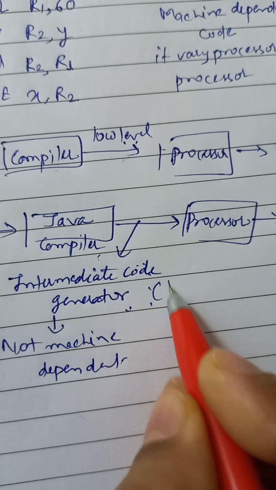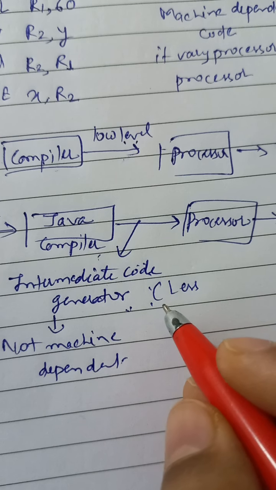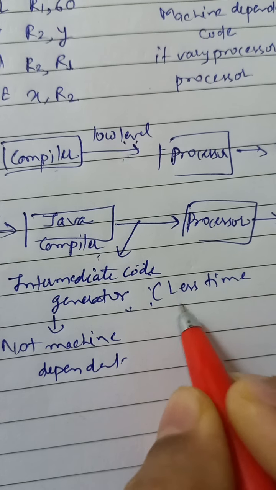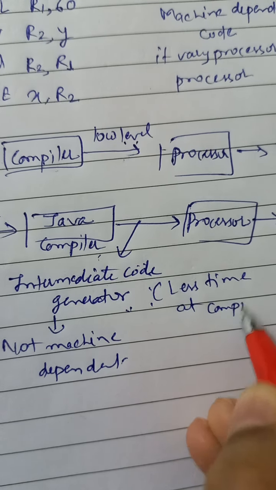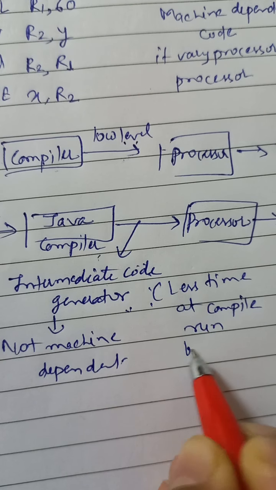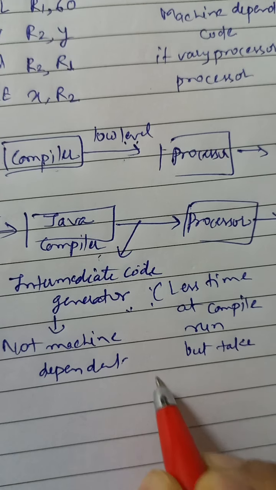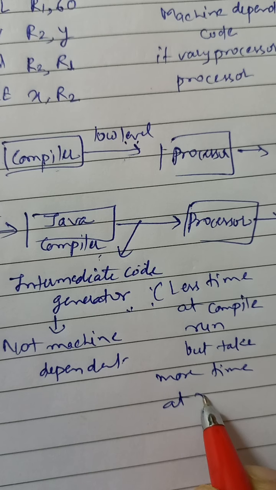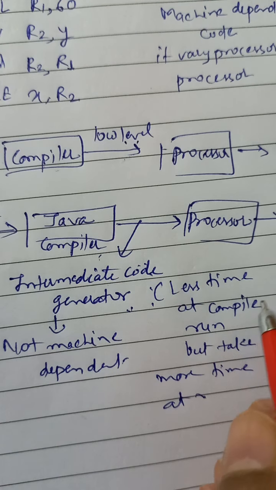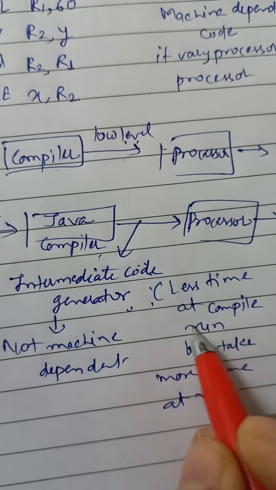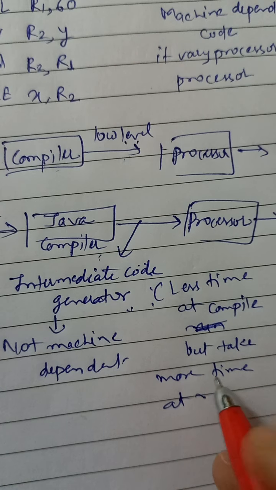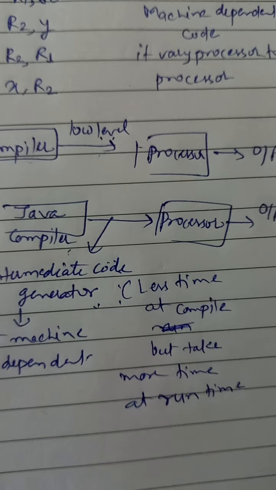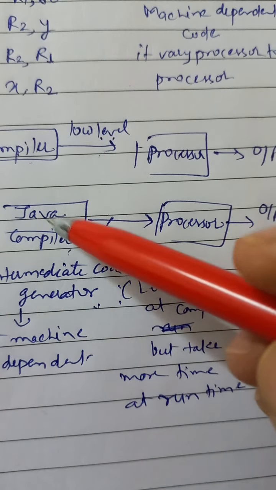That's why it takes less time at compile time, but takes more time at runtime if we do it with the Java compiler.